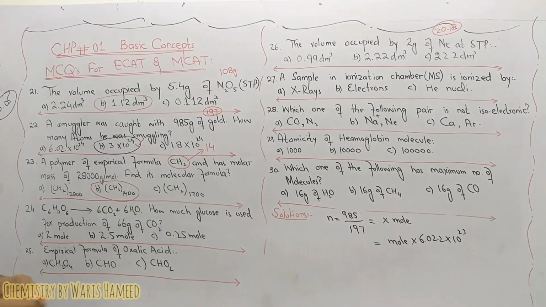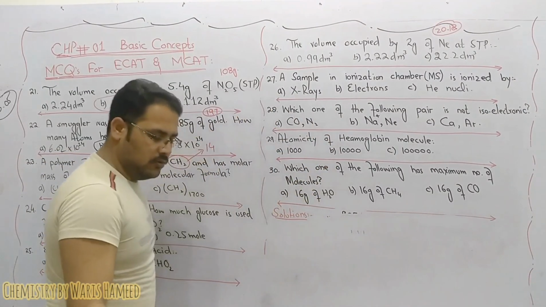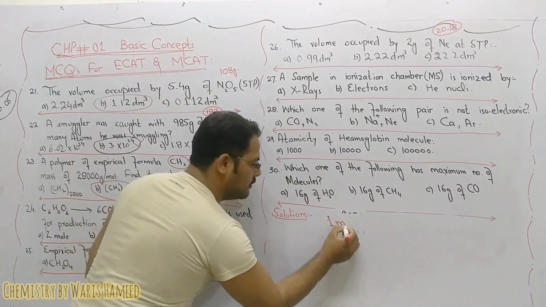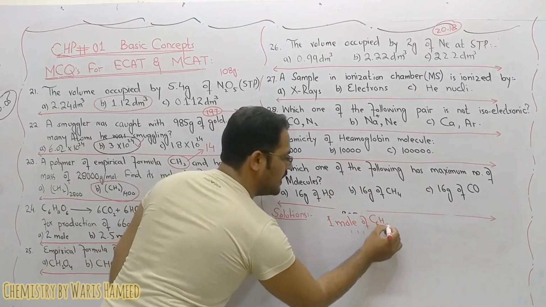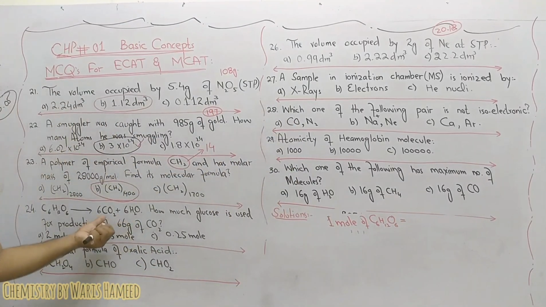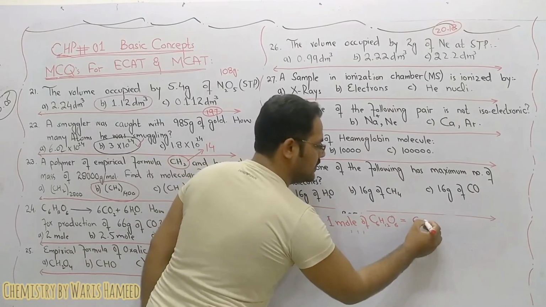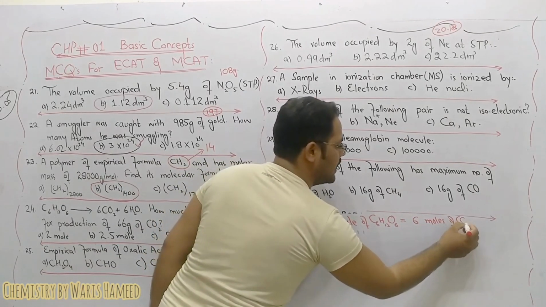By this equation we know that if we have 1 mole of glucose, then we can make a relation: 1 mole of C6H12O6 forms how much carbon dioxide? 6 mole of carbon dioxide.